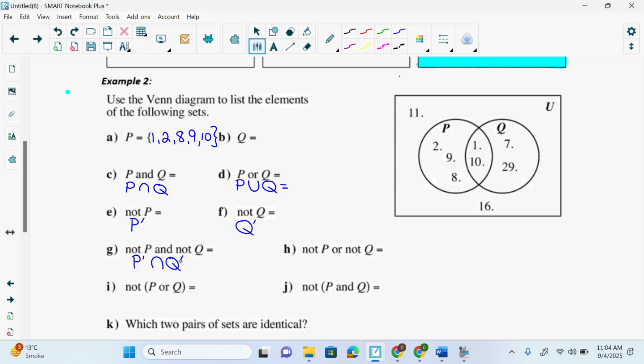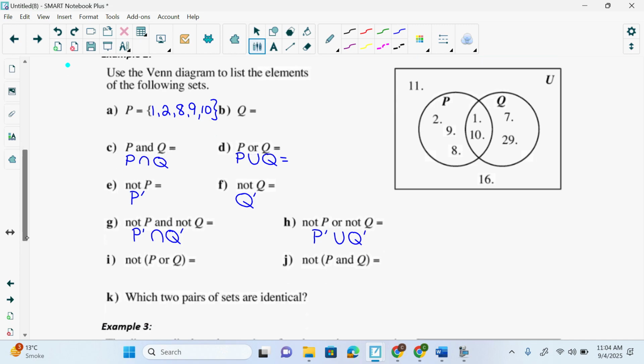So that one we're going to have to change around because that's not the helpful way, right? This one's not P or not Q. How is this different than that one? Not P or Q. How will we write that one out? Anyone know?